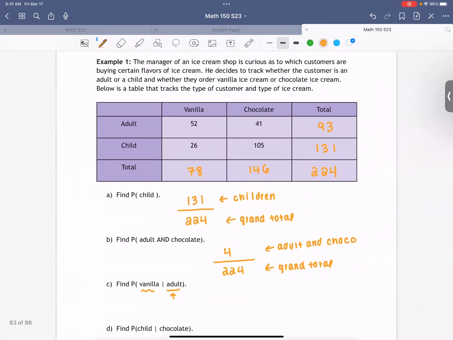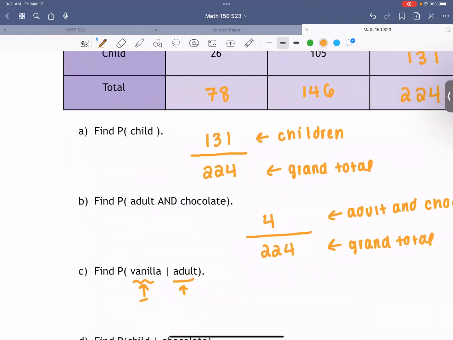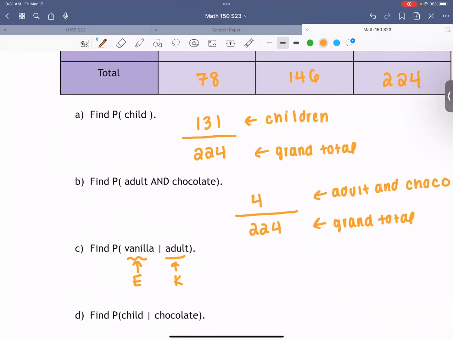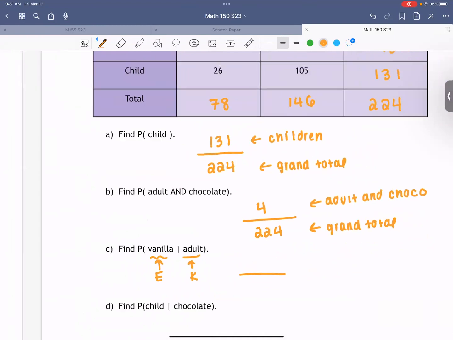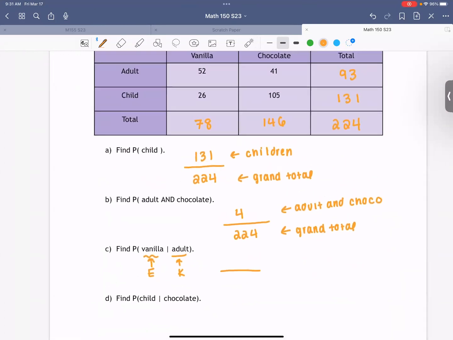I know that I'm going to get an adult. I just want to know the probability that this person likes vanilla. Well, in this situation, this is a conditional probability because we have that line in the middle. I know that E is always the first one, the event that I'm finding the probability of, and K is the thing that I already know. Well, let's see what we can do here. On the bottom says the number of outcomes where just K is true.